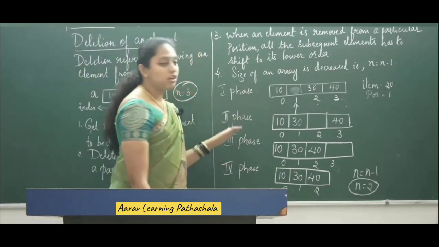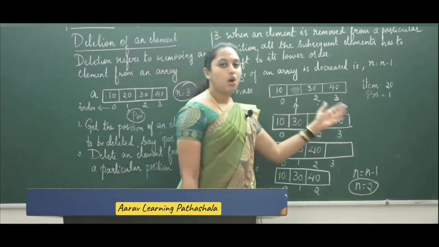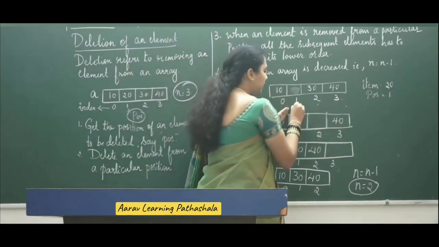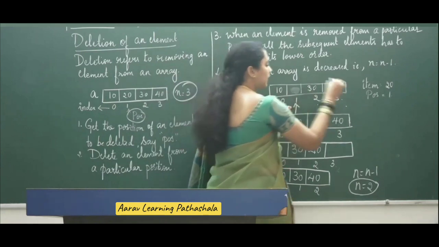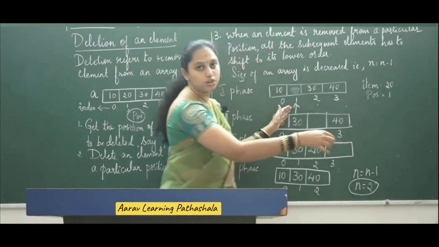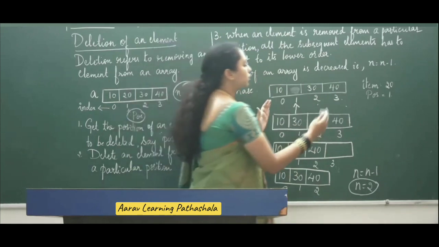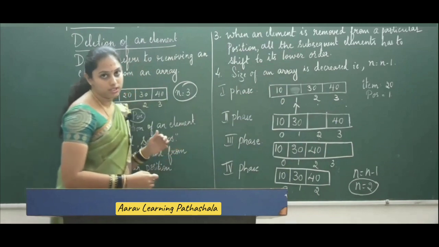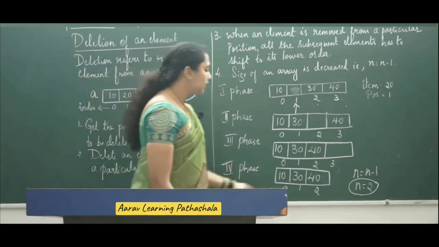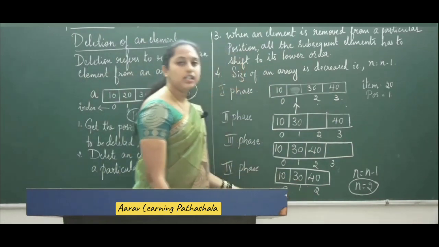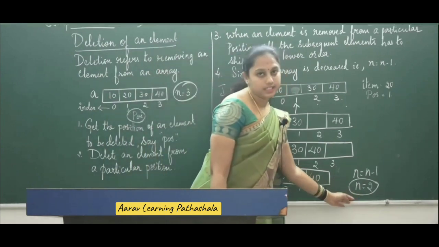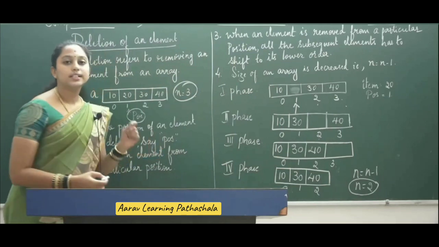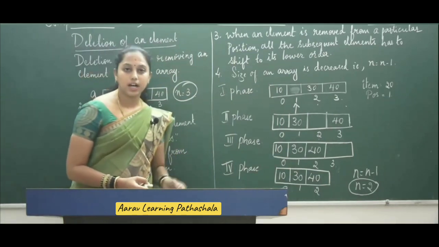In the next step, we have to shift all the elements from the deleted position till the last position of an array to its lower order positions. So after deleting an element from an array, the array size is decreased. So this is how we are going to delete an element from an array.